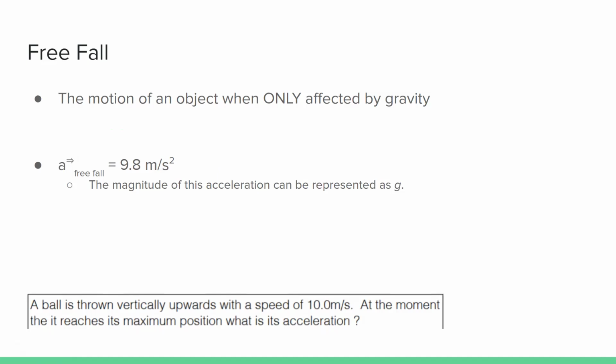Now, air resistance can make things a little bit different, but if we're just assuming that it's in free fall, the answer to this question is that it's still going to be 9.8. It always will be. But we would actually say negative, because it's acting in the negative direction. So it's going to be negative 9.8, since the force of gravity is pointing down. We will learn more about that, F equals ma, later on.